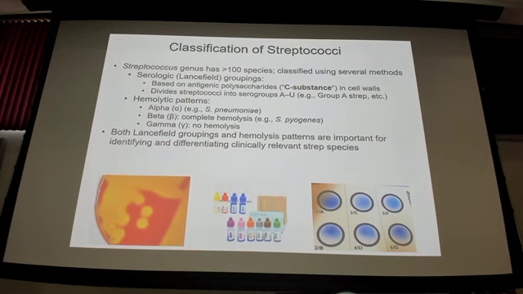So there's the Lancefield grouping, and then there's also the hemolytic pattern on the plate that gives us an early indication about what strep species we're dealing with. Beta hemolytic species like Strep pyogenes are considered to be the more virulent ones. So you have Strep pyogenes, and then you have Strep agalactiae, group B strep. Those are major pathogens.